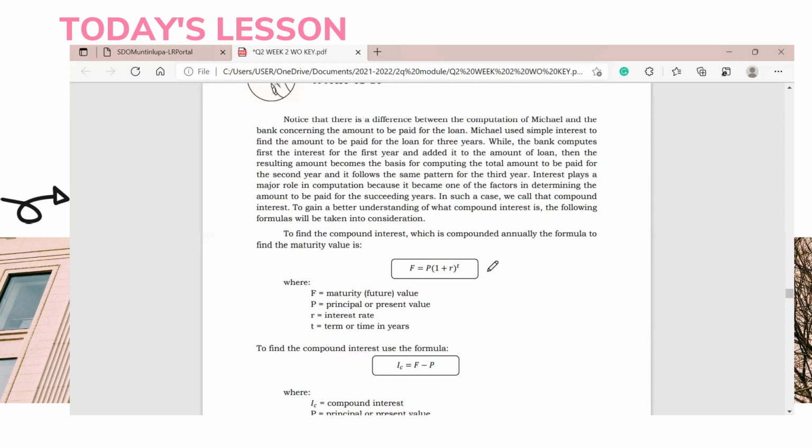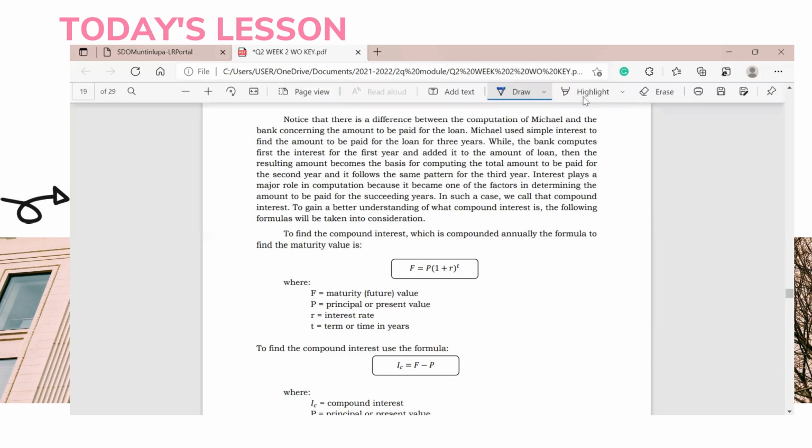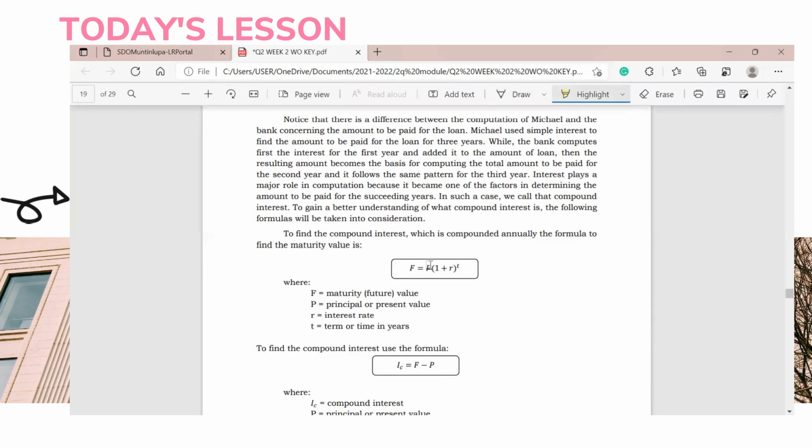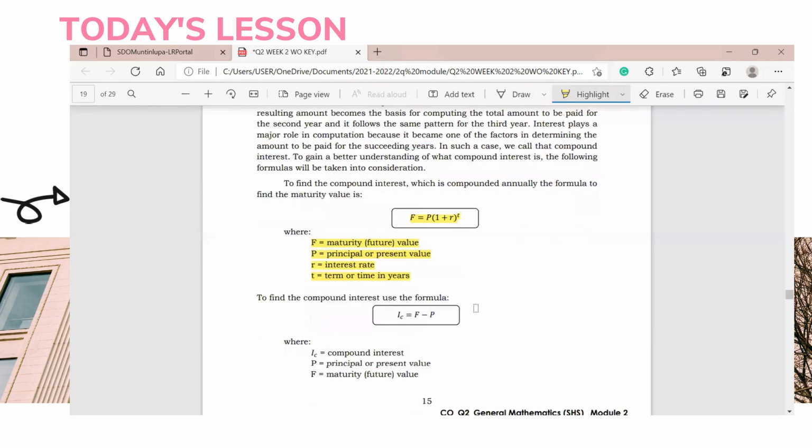Since we are talking about future value for the compound interest, our formula will be future value is equal to the principal times 1 plus r raised to t, wherein F is the maturity value, P is the principal or present value, r is the interest rate, and t is the term or time in years.